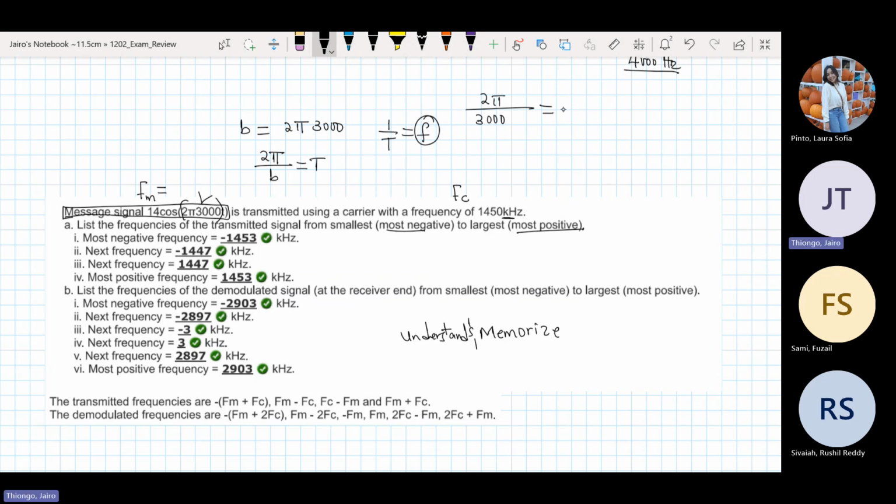But we do not want the time, we want 1 over that. So it's essentially 2 pi over 2 pi times 3000. So you have 2 pi times 3000 over 2 pi. Those cancel off, so you have your frequency of 3000.